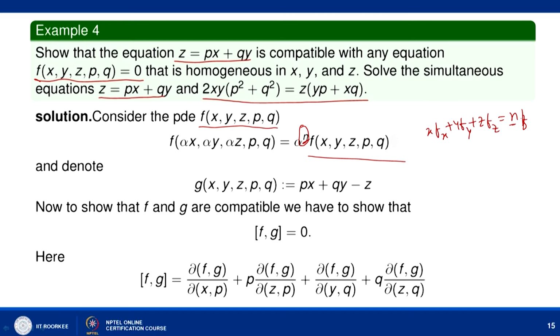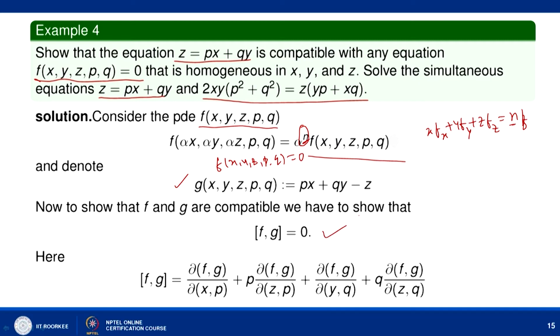With this information, let us see that if f satisfies this condition, then it is compatible with z equal to px plus qy. So let us assume the equation f of x, y, z, p, q equal to 0, and another equation g of x, y, z, p, q as px plus qy minus z, and we want to show that they are compatible with each other.